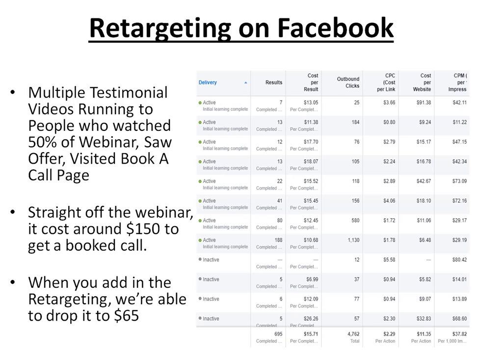Now, retargeting on Facebook. We do multiple testimonial videos running to people who watched 50% of the webinar, saw the offer, visited the book a call page, and you can see we actually got 695 completed book calls from this one campaign for $15. Okay, so $15, and the lead quality is very, very high on this. Okay, straight off the webinar cost around $150 to get a book call.